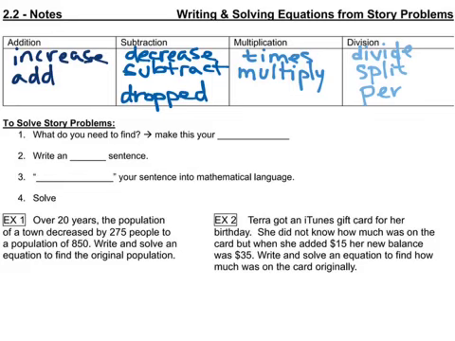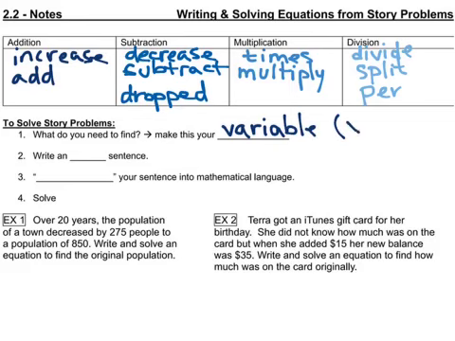So to solve story problems, we are going to ask, what do you need to find? So in all of these problems, it will say, write and solve an equation to find the original population, or to find how much was on the card originally. So we're going to make this your variable. And so that's a letter.